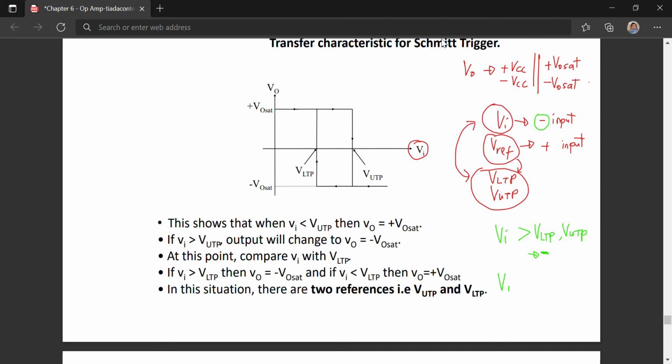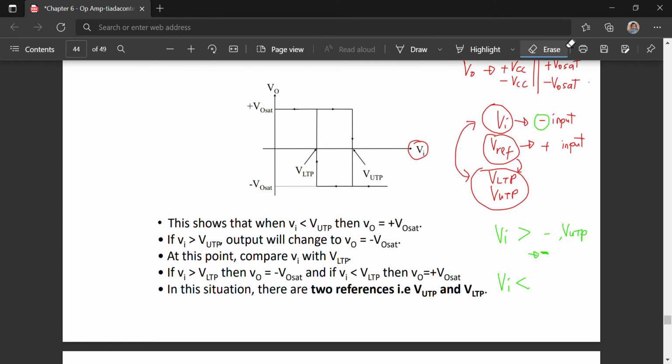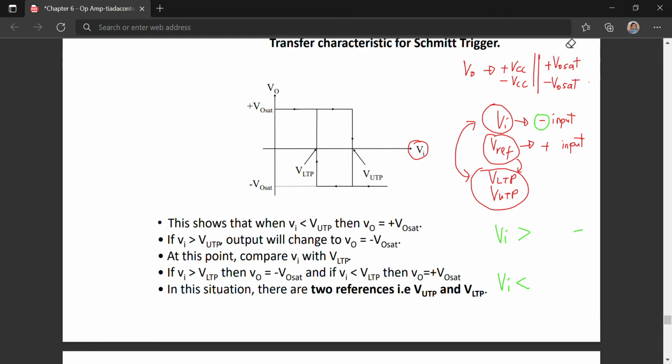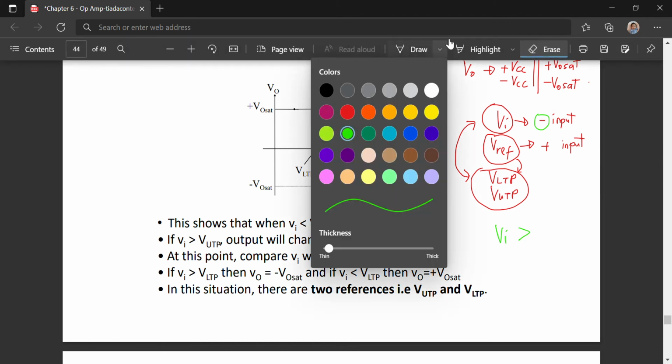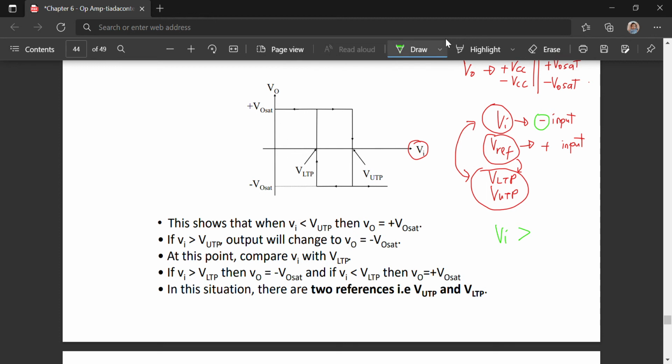And then if VIN is greater than, you have two values, sorry, because you will compare one by one. Firstly, you compare with VUTP. So if you get VIN greater than VUTP, why do you compare with VUTP first?